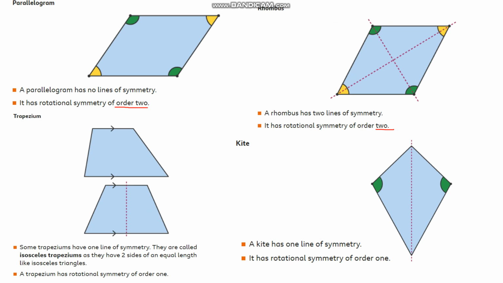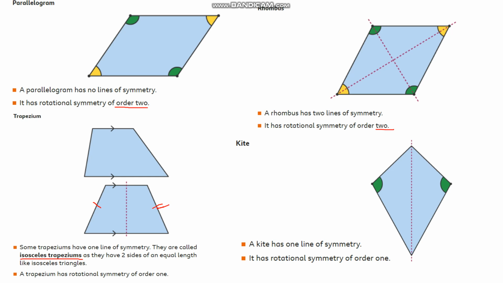A trapezium, so it depends. With trapeziums, it depends. Some trapeziums have 1 line of symmetry, and these are called isosceles trapeziums, as they have 2 sides which are equal in length, just like in an isosceles triangle. So for example, this one would be the isosceles trapezium because this side is equal to this side.